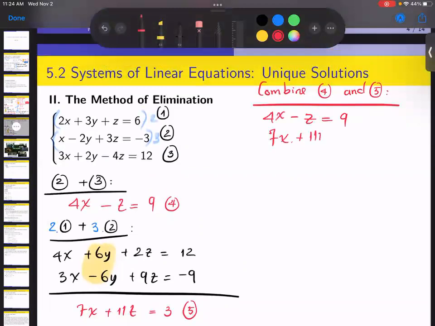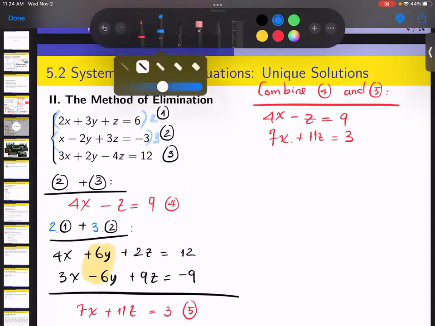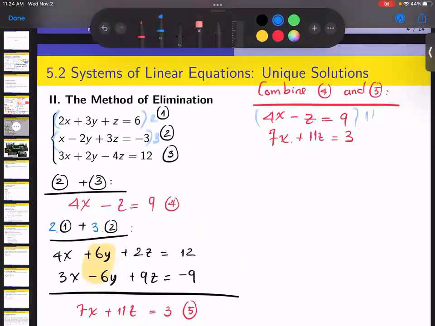7x plus 11z equal 3. All right, I'm gonna eliminate z because it's easy, right? I just need to multiply the first by 11. So let me rewrite this. 44x minus 11z equal 99.